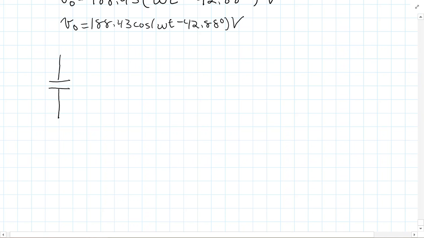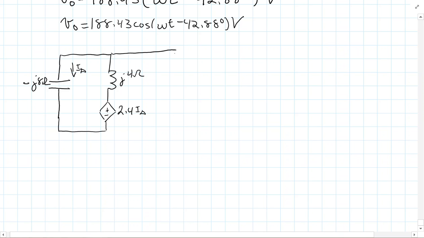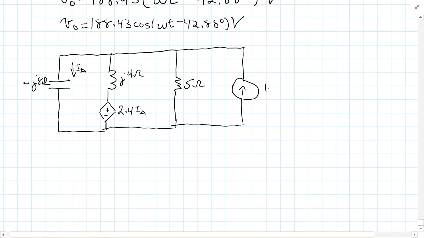So we're going to have a capacitor that is minus j8 ohm, and that's going to be in parallel with the series combination of a j4 ohm inductor and a dependent voltage source that is 2.4 I delta, and then I delta is the current going through that capacitor we drew, and then that is in parallel with a 5 ohm resistor, and that's finally in parallel with a current source that is 10 plus j10.